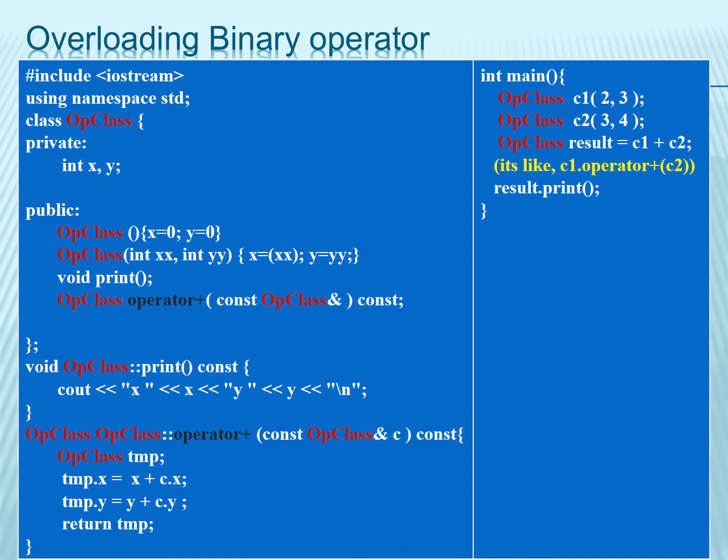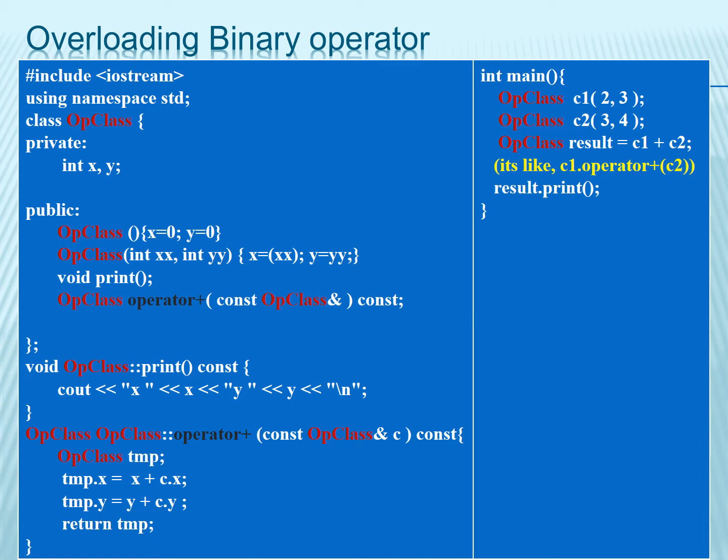Hence, we specify the operator overloaded function, and in its definition we specify x plus c dot x, where c is the argument to the operator plus function, and y plus c dot y, and return the object tmp of type OP class.